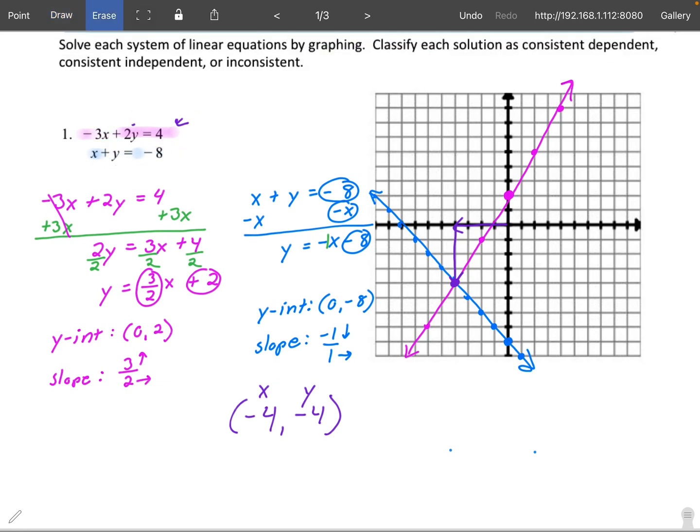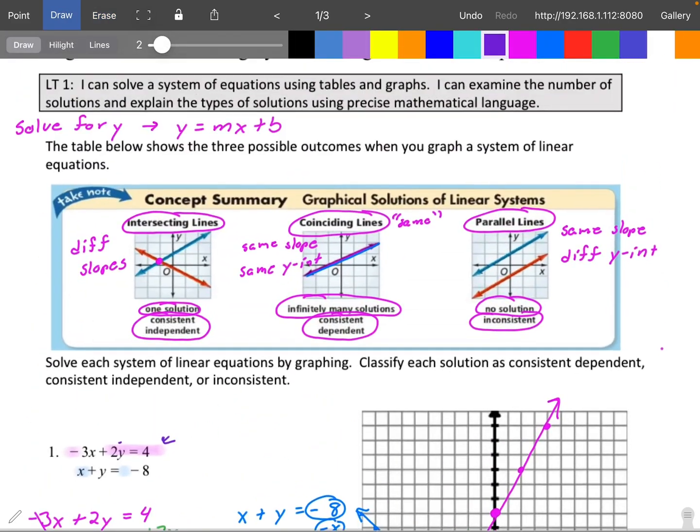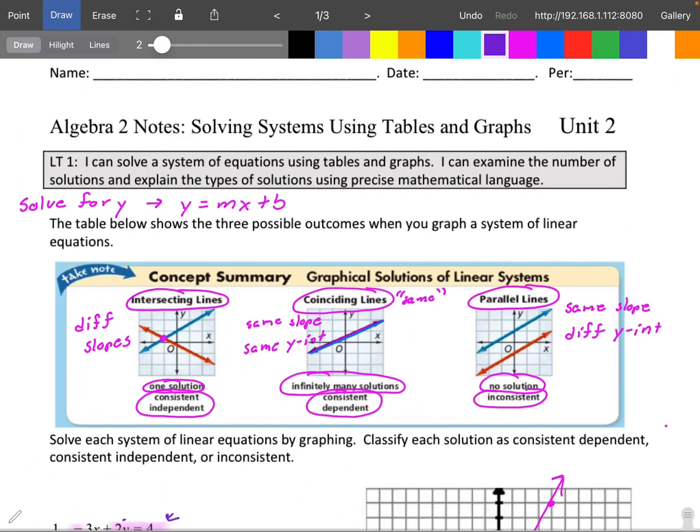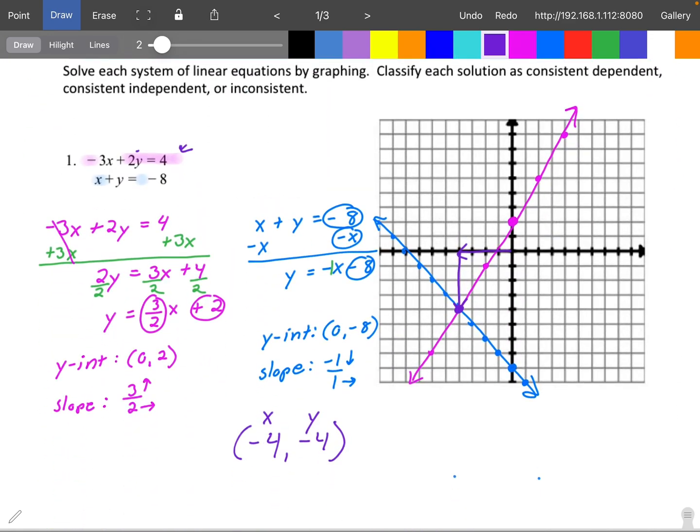Now, we need to talk about whether it is consistent independent, consistent dependent, or inconsistent. So we have 2 lines that intersect. Therefore, we have a consistent independent system.